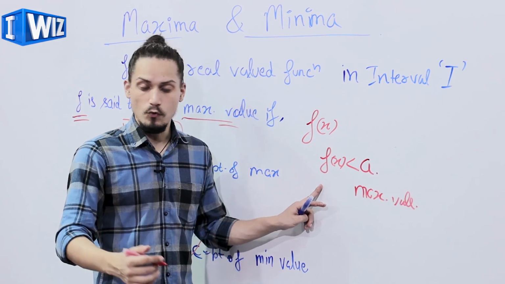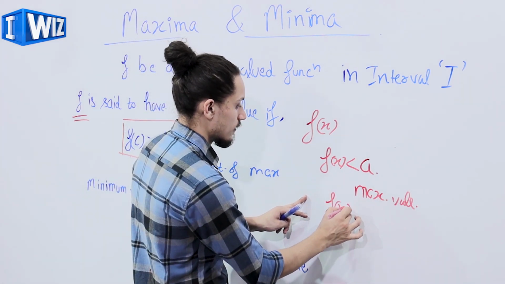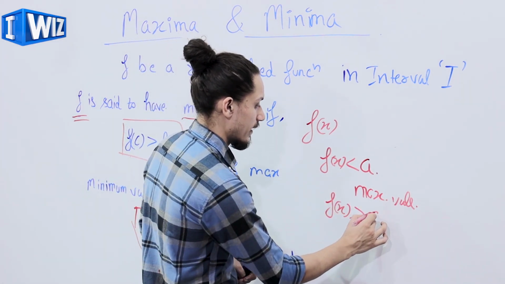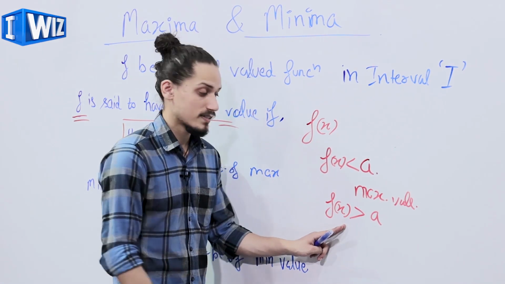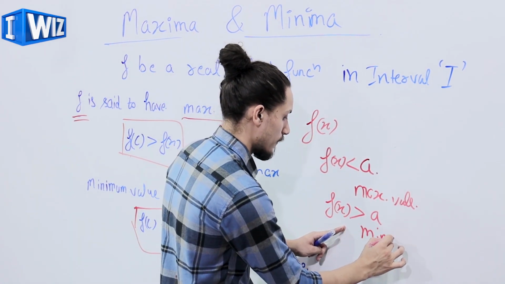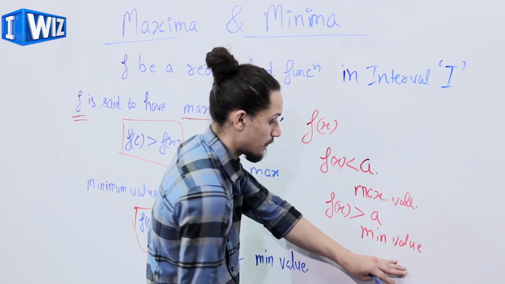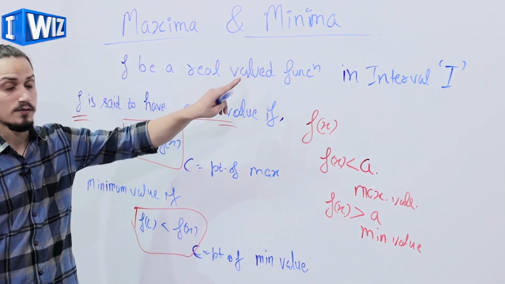And if you can prove that f of x is greater than some constant a, then we say that f of x has a minimum value. This is the basic approach to the problems regarding maxima and minima.